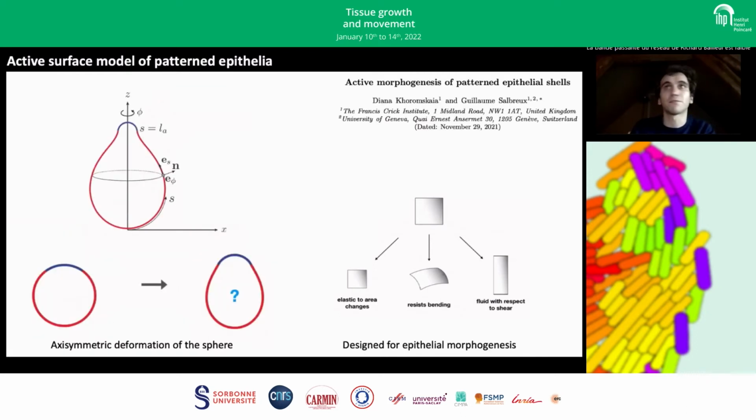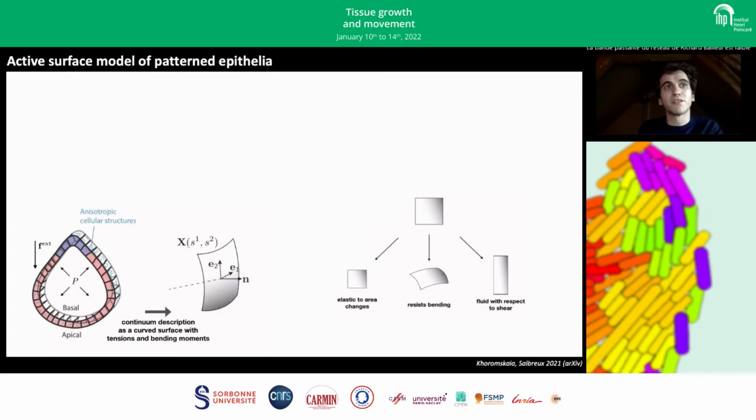So to go a bit more into detail, I just want to mention that they published a preprint version of the model a bit more than a month ago. If you want to take a closer look, because I will just do a brief introduction of the model today. So this is a continuum description of the epithelium.